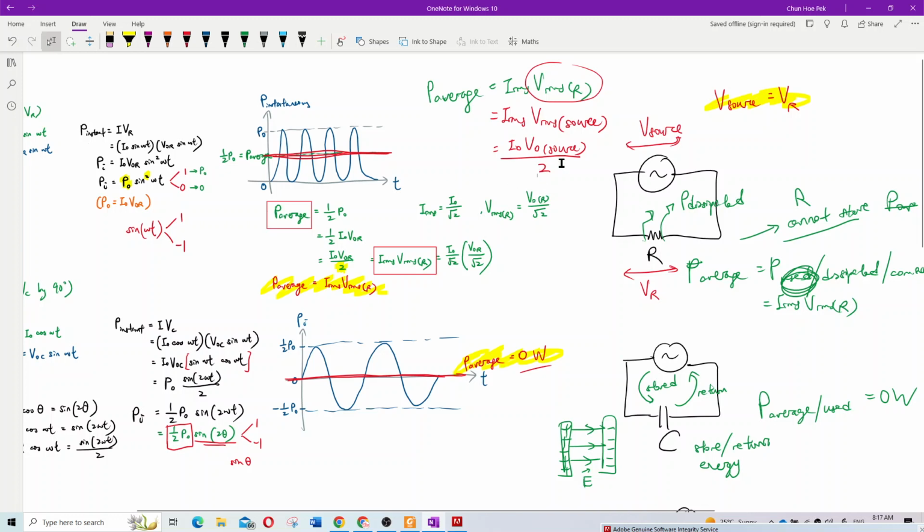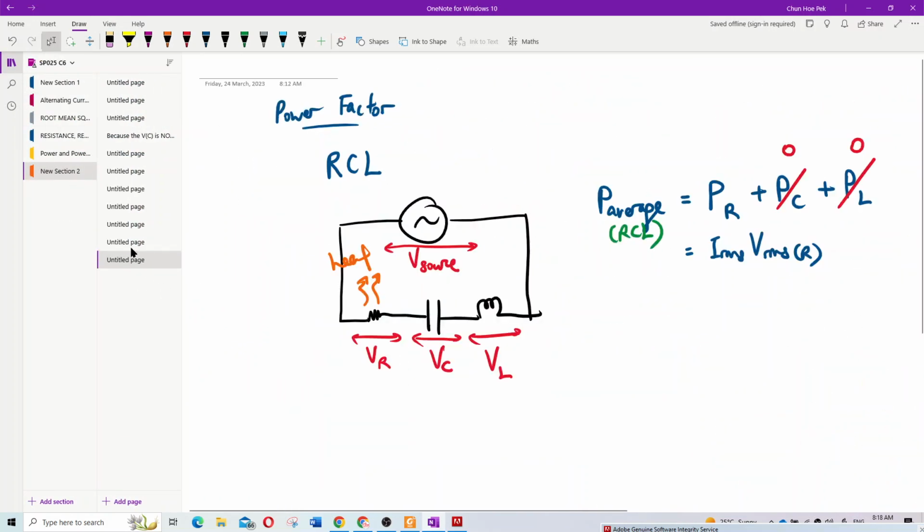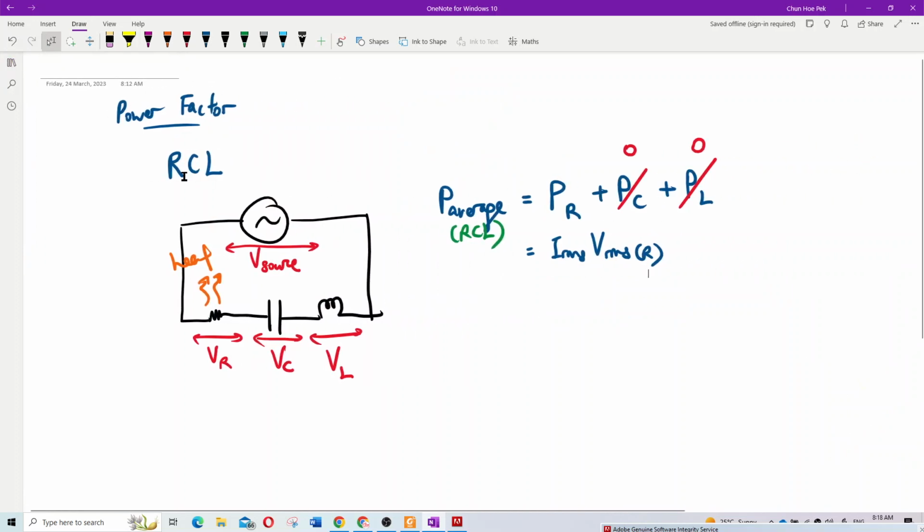This is for a pure resistor circuit. You can change the VRMS R to VRMS source, because V source equals VR. However, this time we are not using a pure resistor circuit.